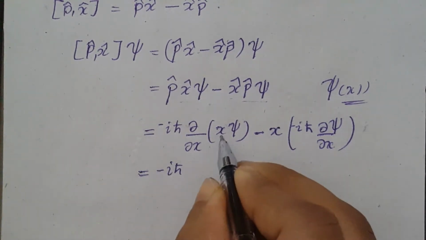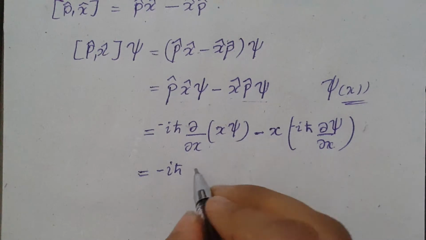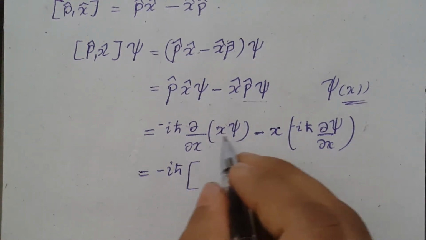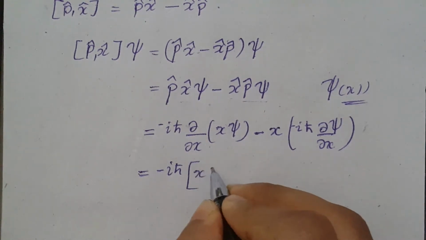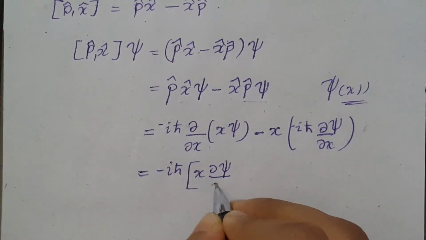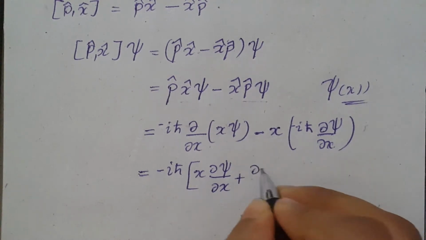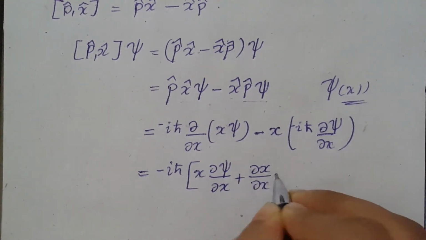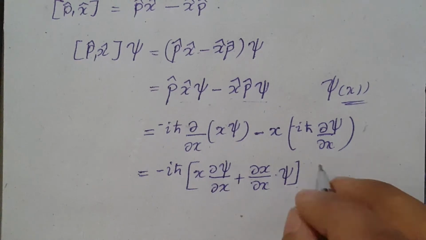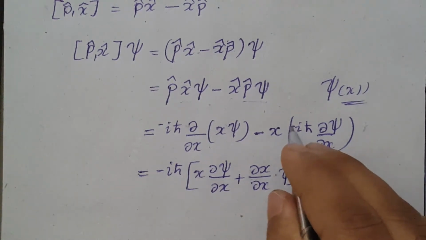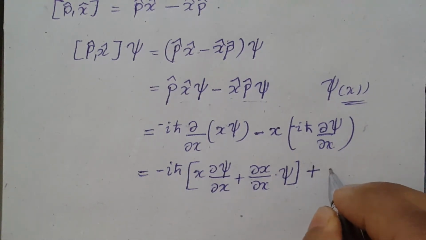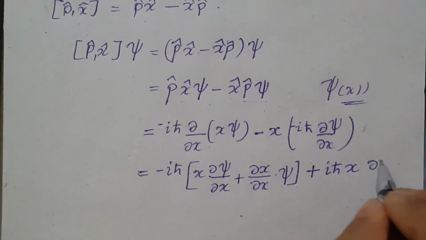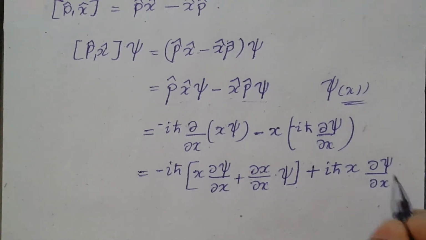Minus i h cut, and this is differentiation of a product of two terms, so we take first term into differential of second term plus differential of first term into second term. Now we can take this minus and i h cut outside, so this will become plus i h cut x times dou psi by dou x.